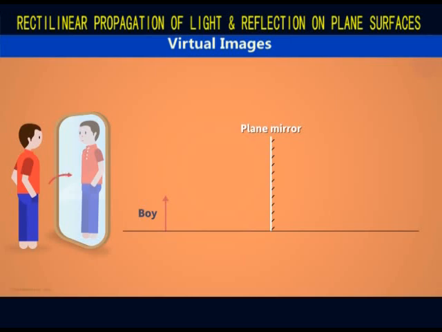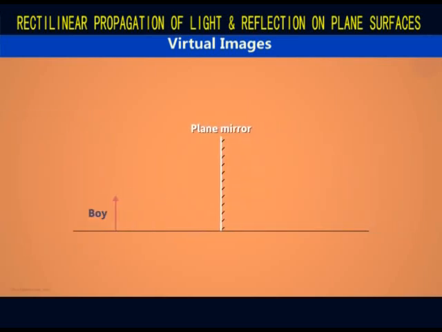But then, there's nothing behind the mirror. For us, the light rays appear to come from a location behind the mirror. When the rays are incident on the mirror, they are reflected according to the laws of reflection. When extended backwards, they give us the position of the image behind the mirror.